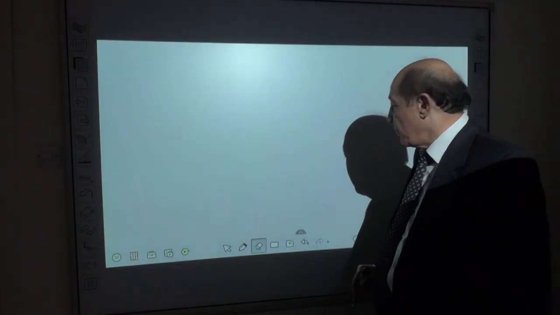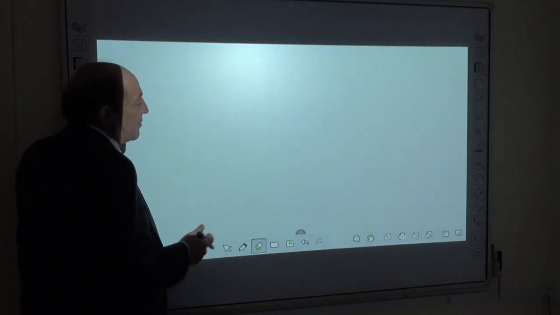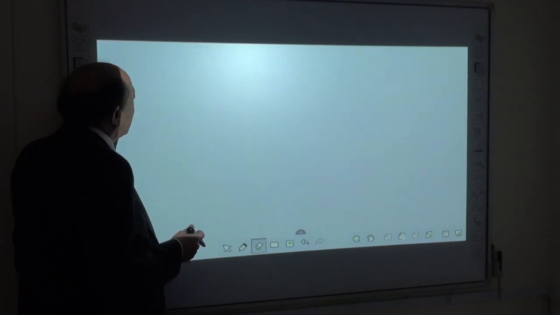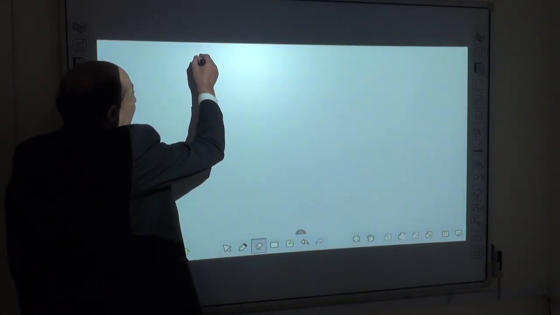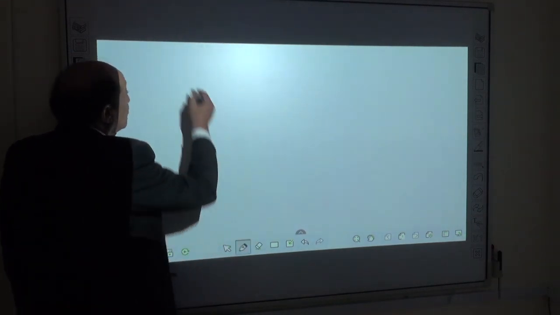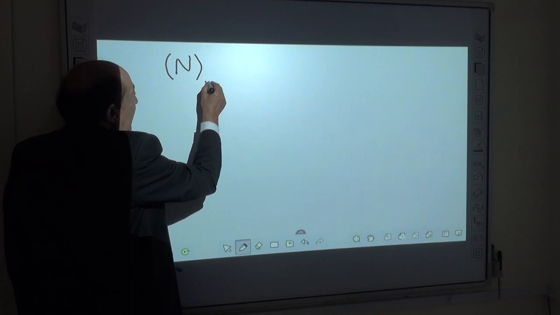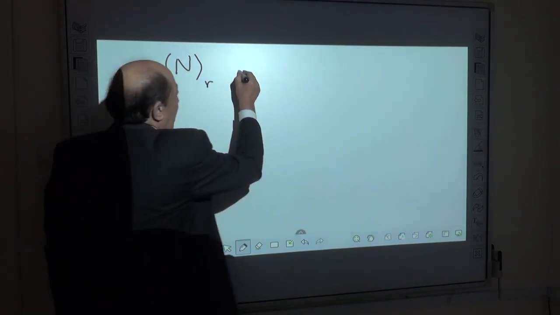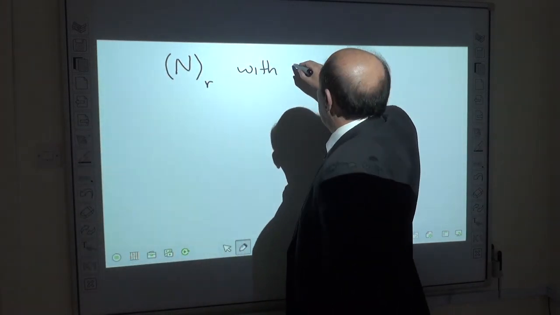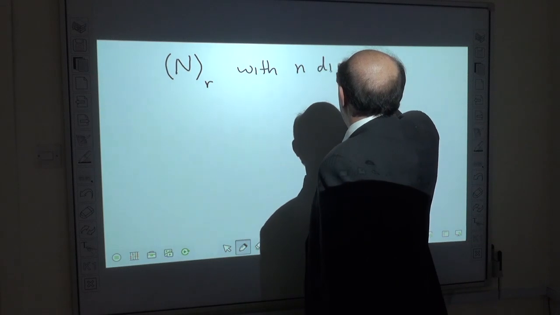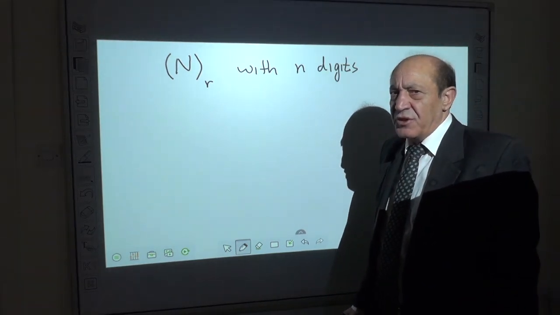Next, what is R minus 1's complement and what's R's complement? We have a number n in base R numbering system with n digits.